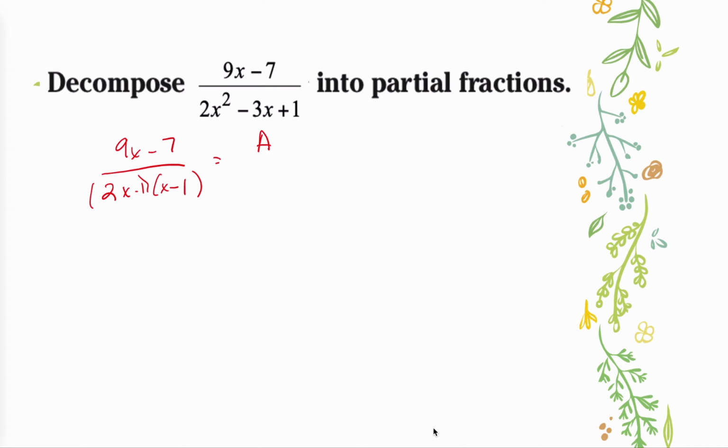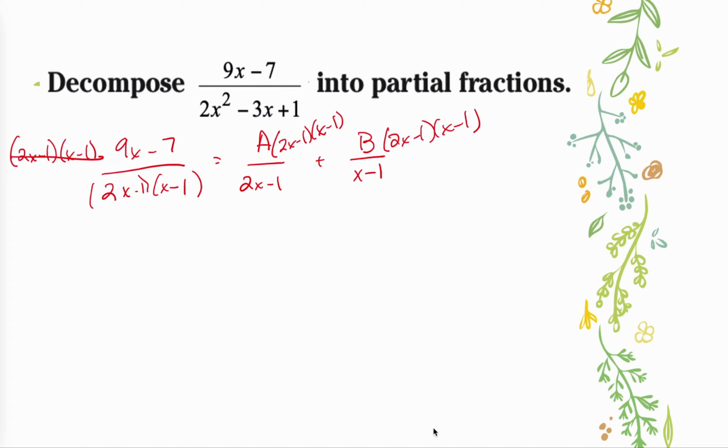So that's going to be a over 2x minus 1 and b over x minus 1. Multiply everything by 2x minus 1 times x minus 1. That cancels. That cancels.